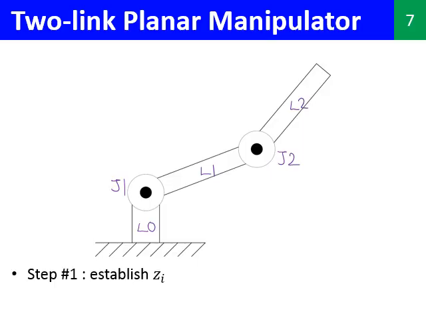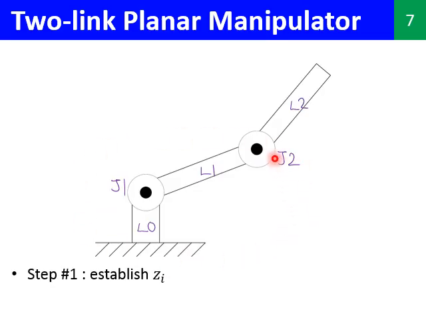Now we are going to use the steps that we learned last time to assign the coordinate frames to this manipulator. So step 1, establish Zi. You already know from last lecture that we will assign all the Z axes to the joint actuation directions. Now both these joint axes, that is J1 here and J2 there, are perpendicular to this presentation slide.